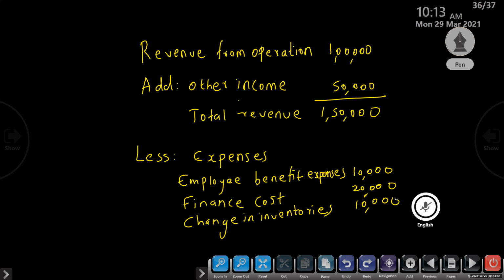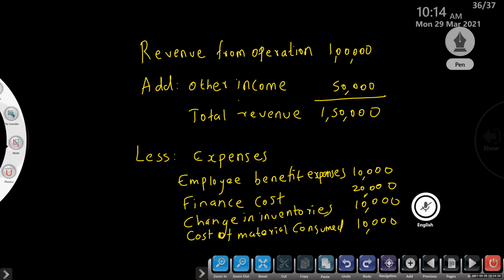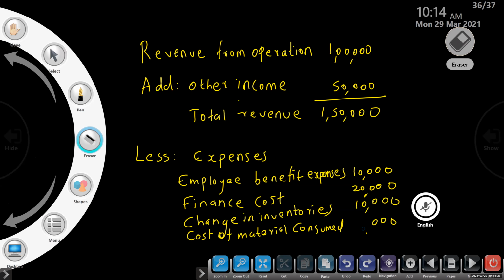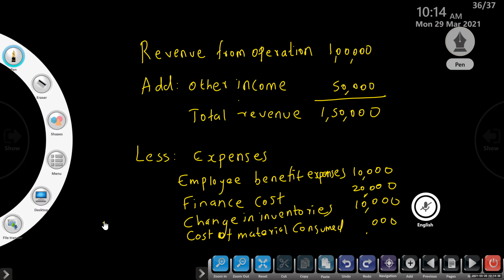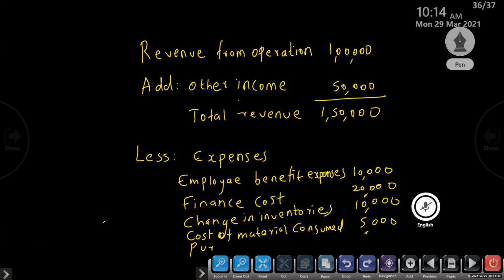Next one, cost of material consumed, purchase of stock in trade. These are the main items in the profit and loss account, along with purchase of goods.